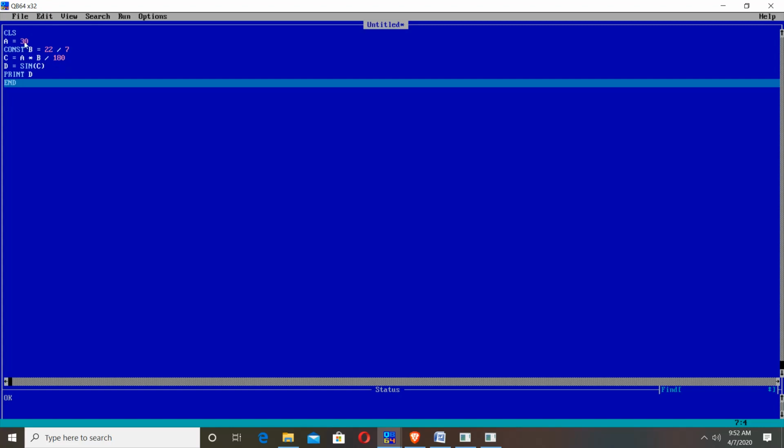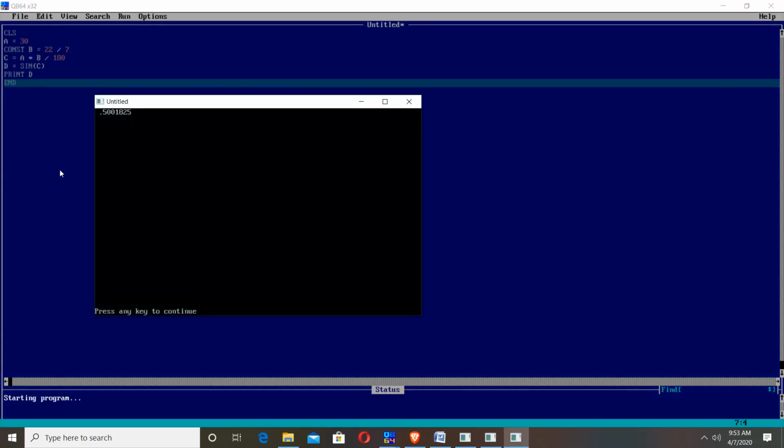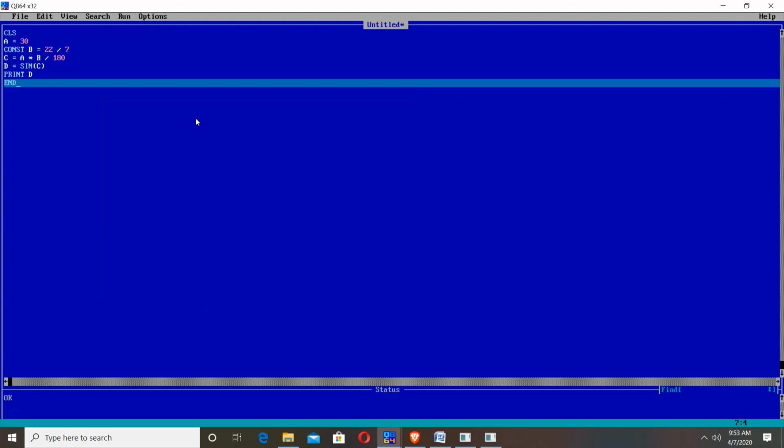So a times b upon 180 is done here. And finally d is equal to sine of angle c. Now this c is in radian form. And finally we have to print the value of d. So what is the value of sine 30? I think it should be 1/2 or 0.5. Let's check the answer. Okay, so it is 0.500. So it is almost 0.5, and it is our answer.